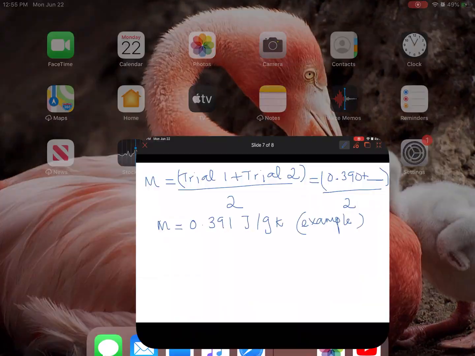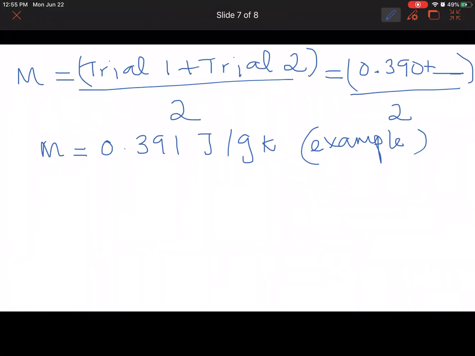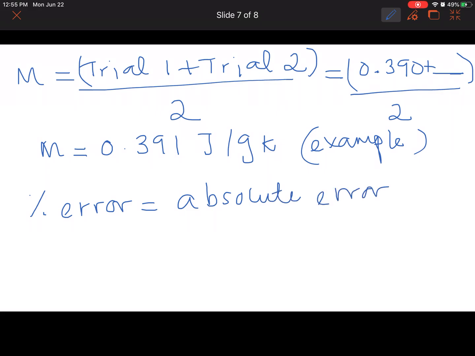So let's go ahead and do that. 0.385. How do we find the percent error? How do you calculate percent error? Percent error equals absolute error over actual value, times 100.